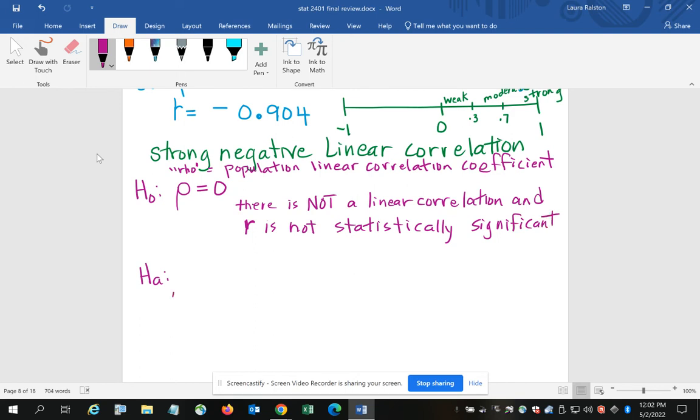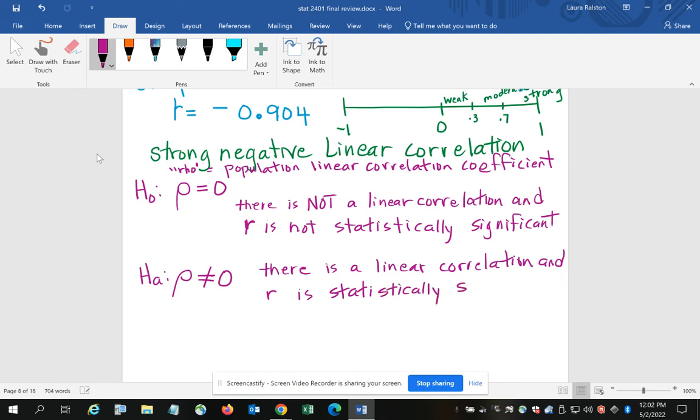The alternative is that rho does not equal 0. Again, rho is your population linear correlation coefficient. For it to not equal 0 means there is a linear correlation and R is statistically significant.